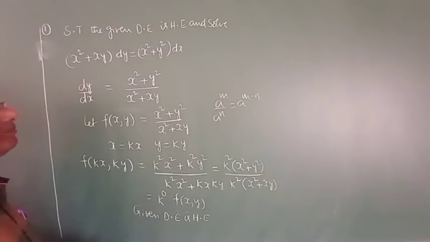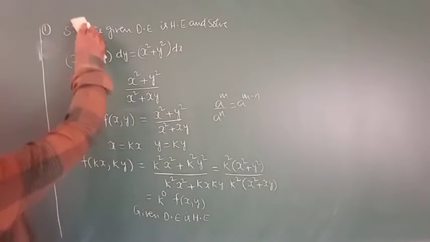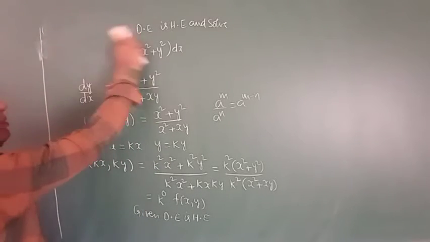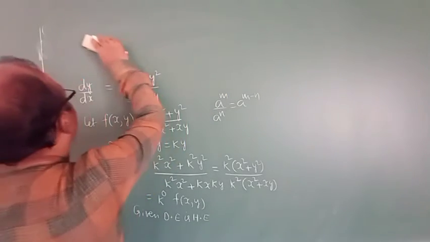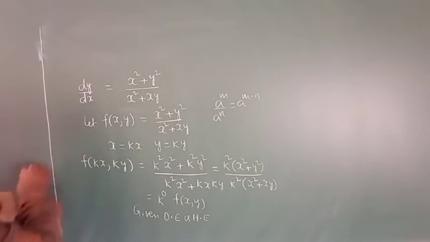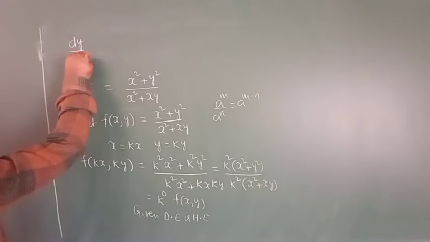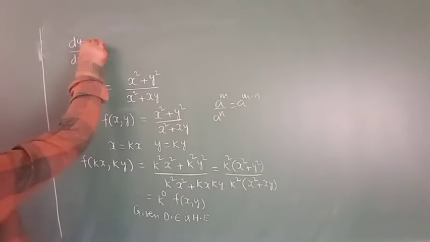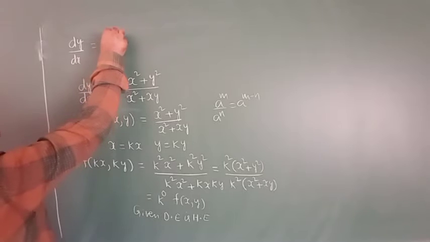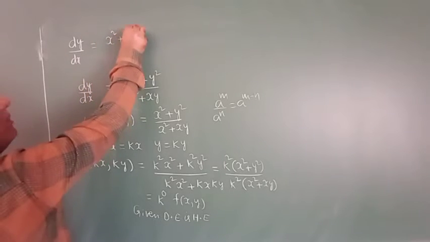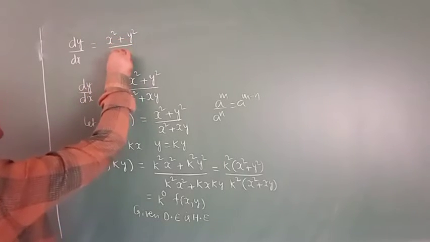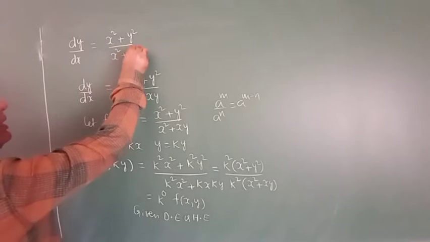Everyone see. For the next method, we take the same equation, dy by dx, equal to x square plus y square by the denominator x square plus xy.